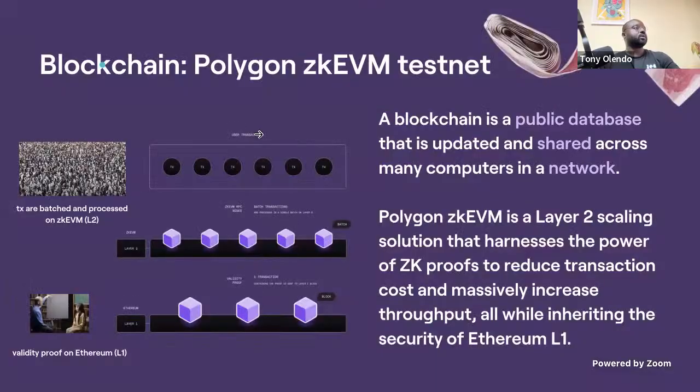Okay. So this is very high level. I'm just going to give you a very high level overview. Transactions are received on the L2, right? And the ZK nodes essentially get those, and then they're processed into a single batch. And you have batches that are then linked together, right?